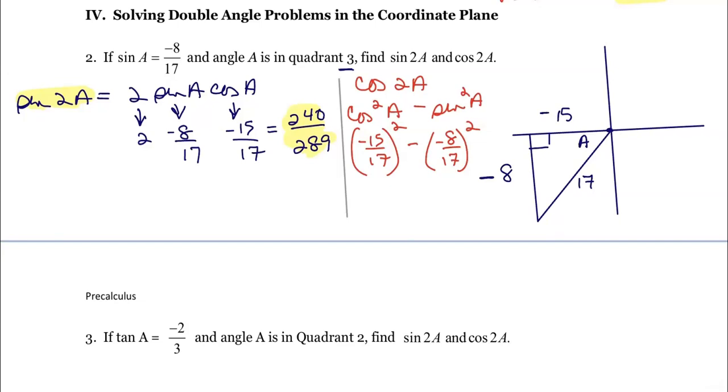So I'm squaring the values and not the angles. Okay, so when I get that all said and done, I'm going to end up with 225 over 289 minus, and negative 8 squared is 64 over 289, which ultimately gives me 161 over 289. And that is my final answer.